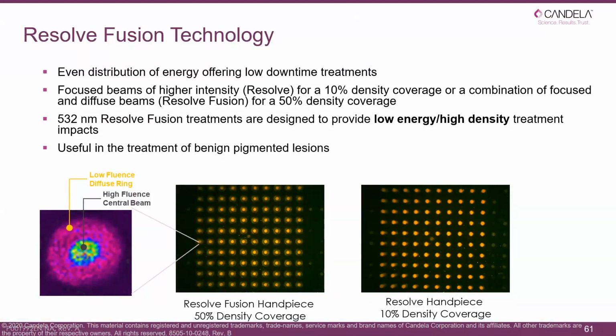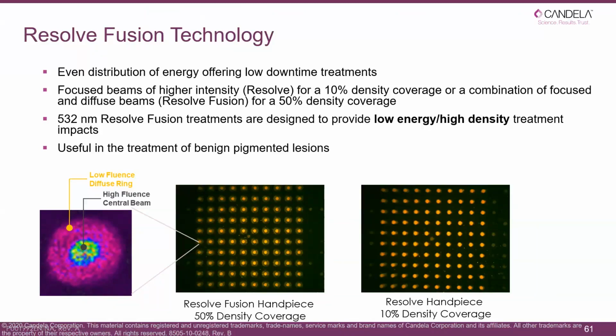And it means that we're doing a couple of things. First of all, the center part of that beam is higher energy, higher fluence, so it's penetrating slightly deeper into the tissue. And the ring around it with slightly lower fluence is not going as deep into the tissue, but we're getting a much higher coverage with each pass.